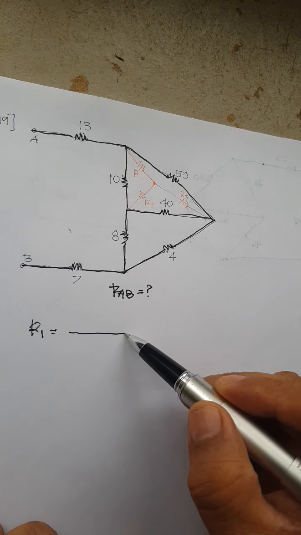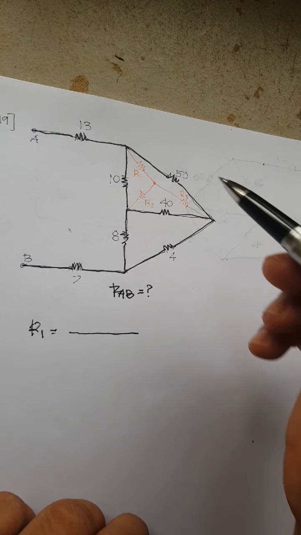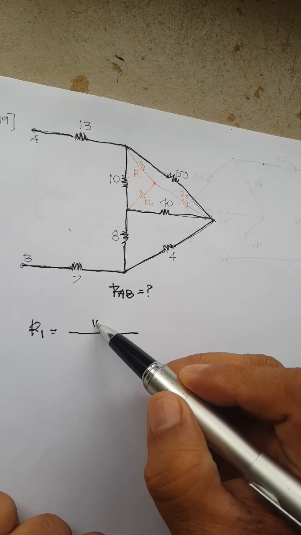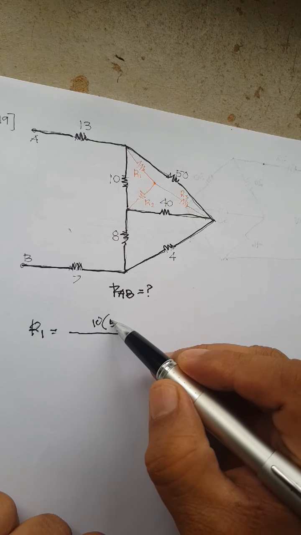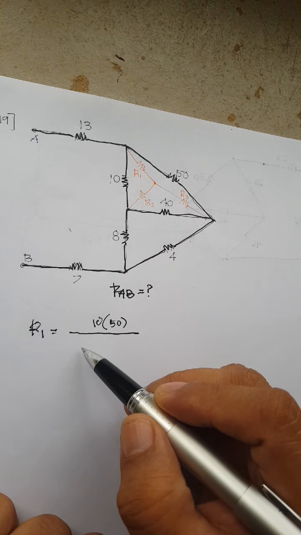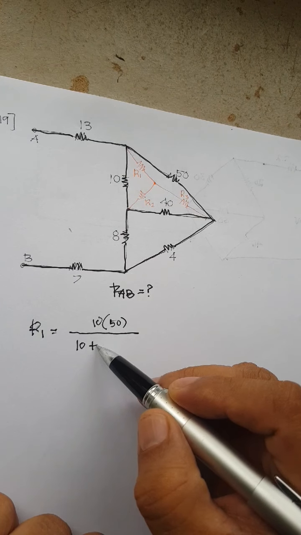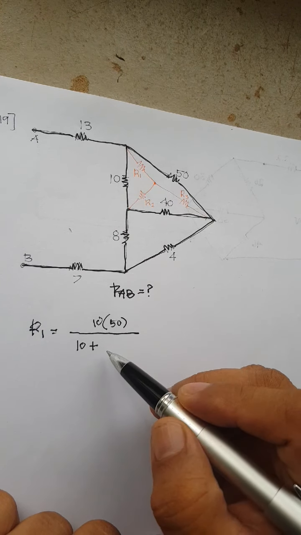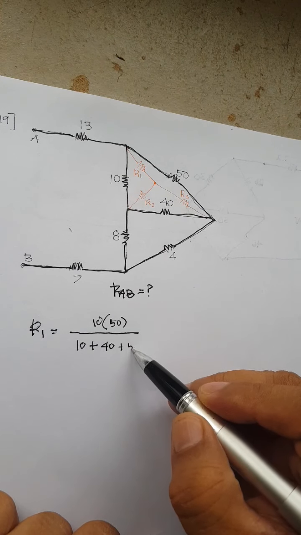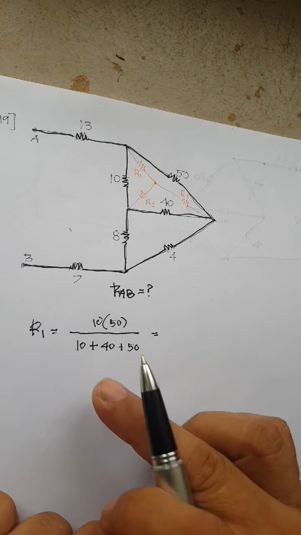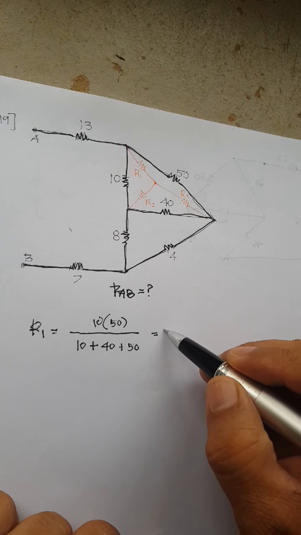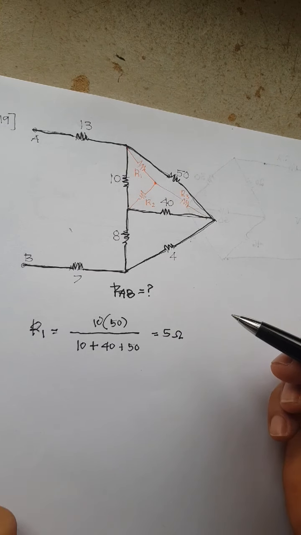So R1 equals the two resistors that enclose R1 is 10, and then times 50, and then in the denominator is just the sum of all the resistors in delta. 10 plus 40 plus 50. So this is 100, and this is 500. So 500 divided by 100 is 5 ohms.